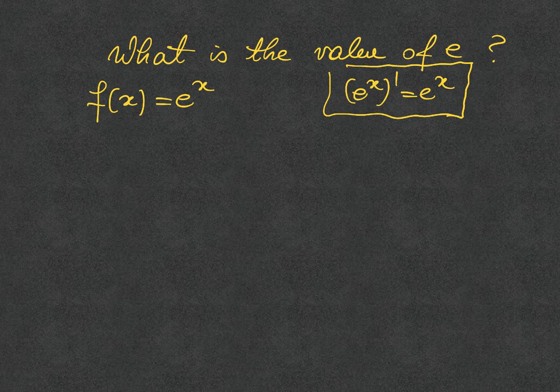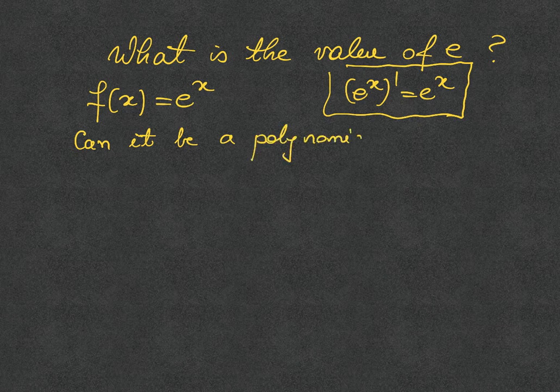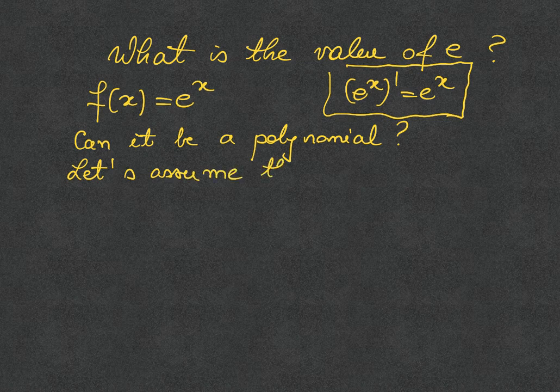Now, what's that new function? So my question would be, can it be a polynomial? So is e to the power of x a polynomial, or is it a different type of function? Yeah, we see that it's an exponential, but I'm thinking, can it also be a polynomial? So let's assume that it can be a polynomial, or it is a polynomial.